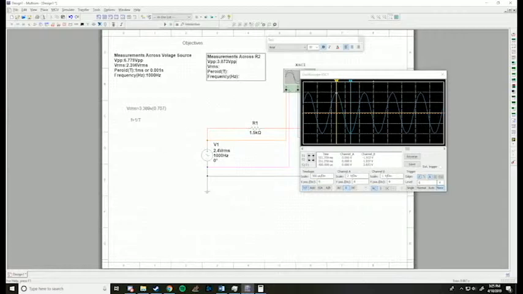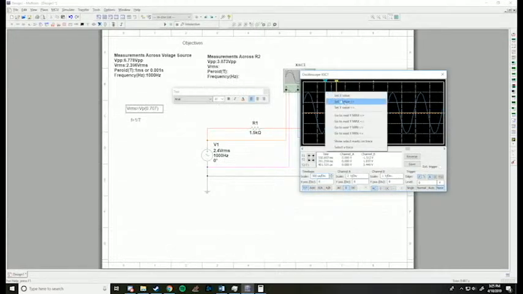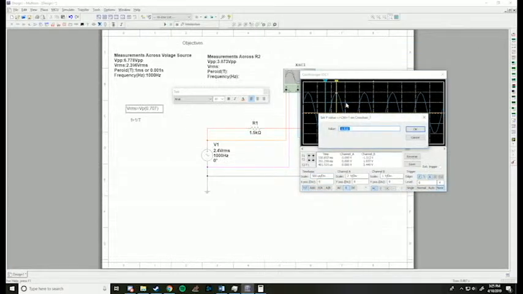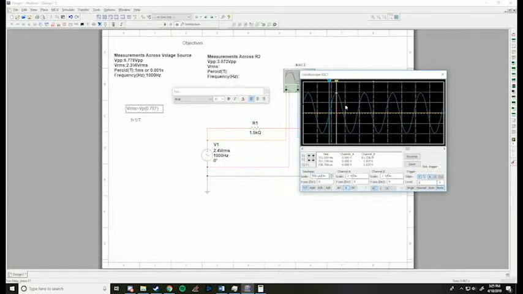Then VRMS, it's the same thing. VRMS equals VP times 0.707. So we're going to keep that on the peak, and then move this to the next Y value of 0. And our voltage peak is 1.973.